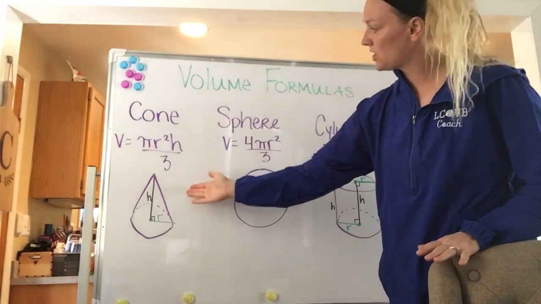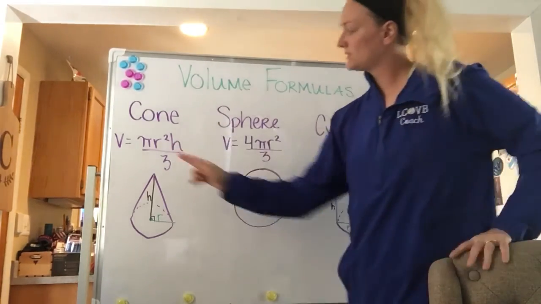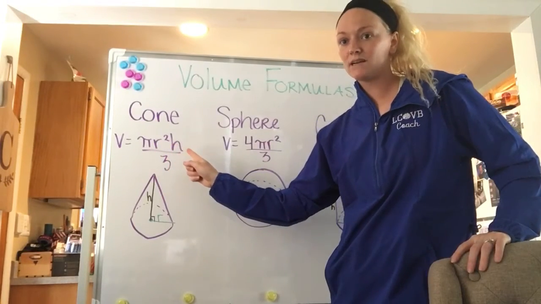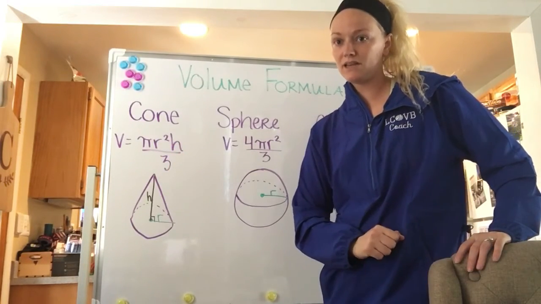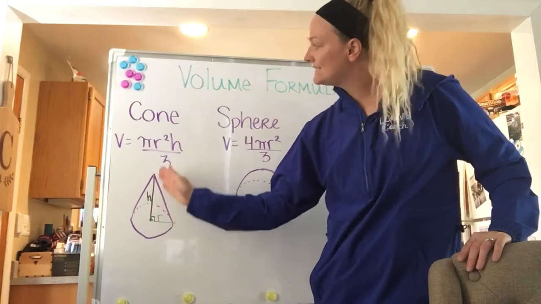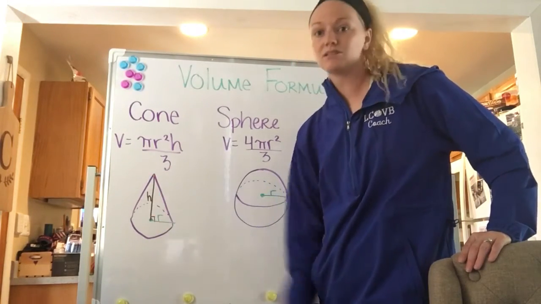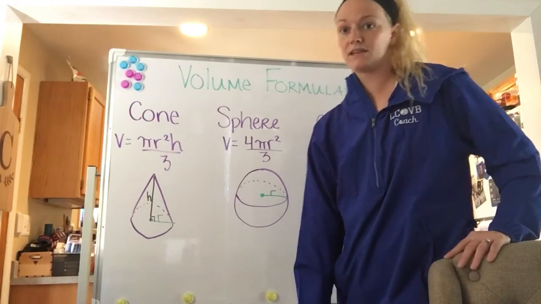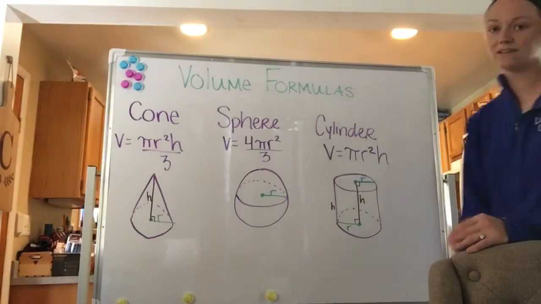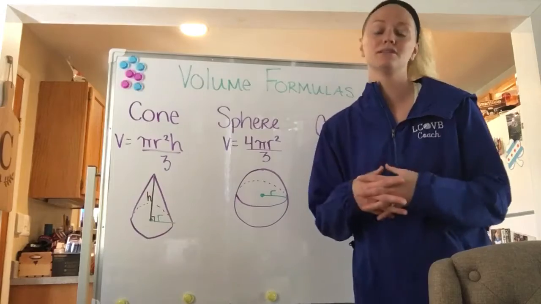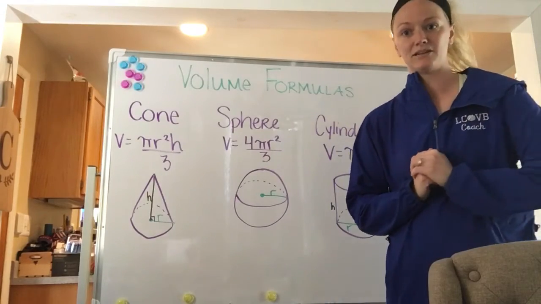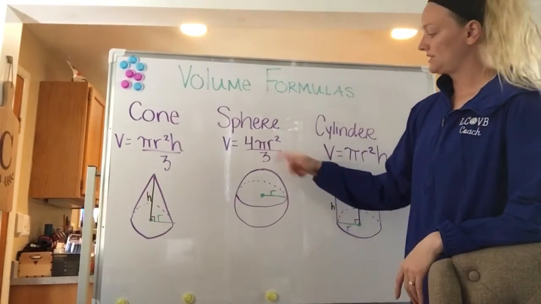So here's our volume of a cone. So what you're going to do is pi times your radius squared times your height, and then divide it by 3. Your height is found inside the cone. It has to go from that point down to the middle of that circle. For a sphere, that's your basketball, your volleyball, baseball, tennis ball, anything like that, all you need is your radius.